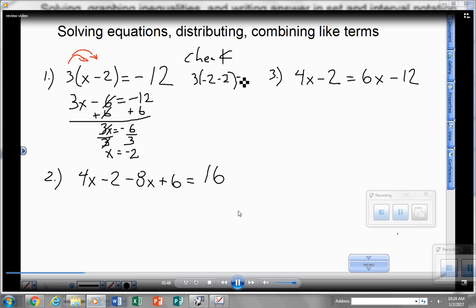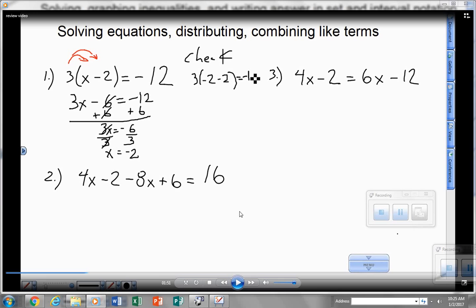Right here, instead of distributing, which I could do, I'm going to do order of operations, which has me do this math on the inside first. Usually when you have just plain numbers right here, you do order of operations, parentheses first, multiplying second. When you have a variable, then you distribute. So that's when you know to distribute, and then you know the opposite, or you know to do operations.